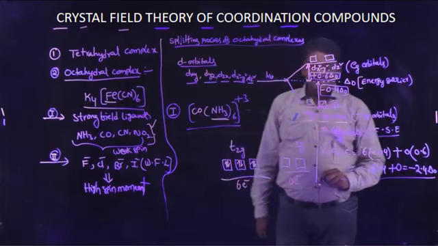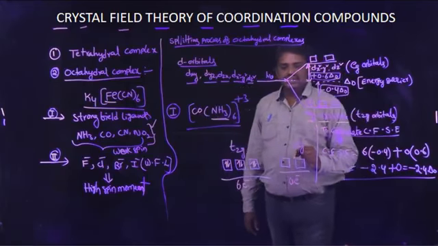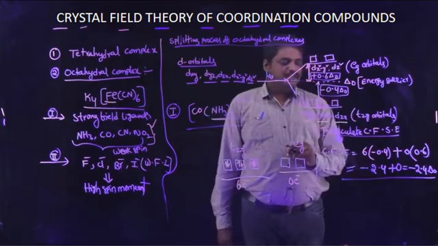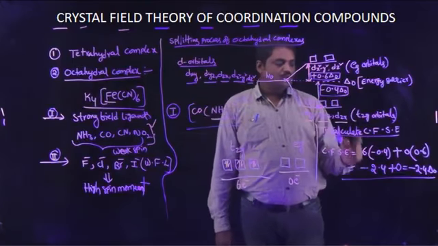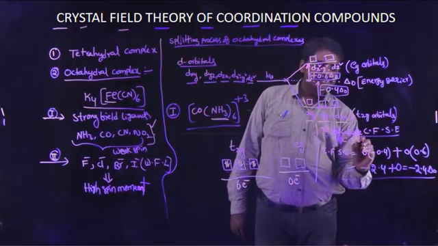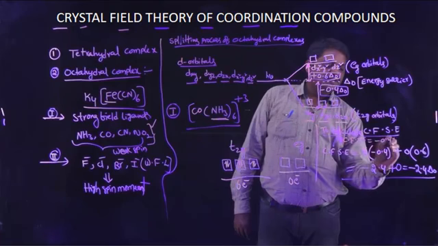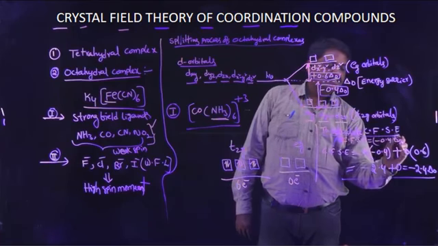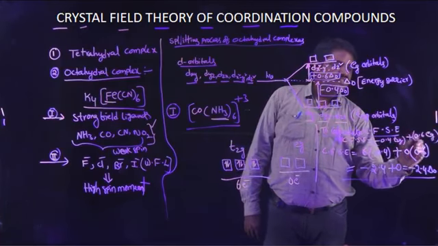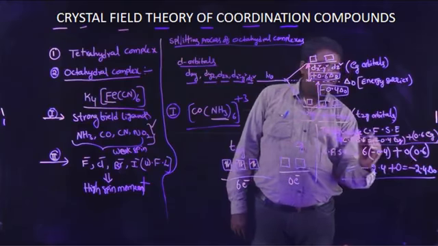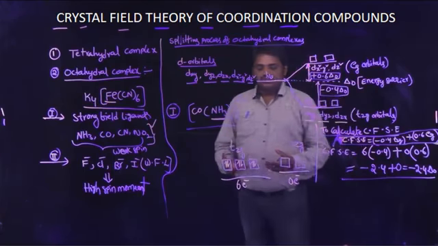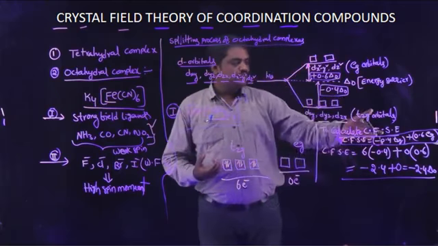Now the formula to calculate the crystal field stabilization energy is minus 0.4 into the number of t2g electrons plus 0.6 into the number of eg electrons. Now the number of electrons is substituted into this formula.